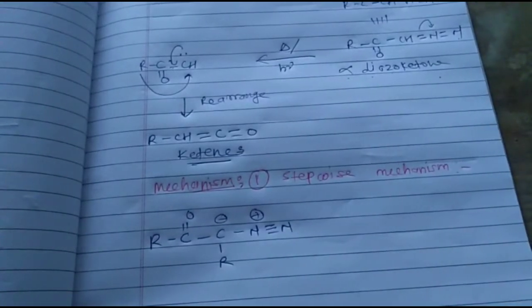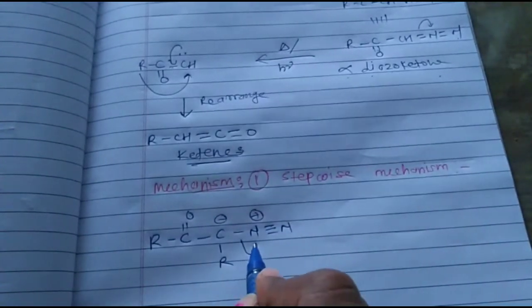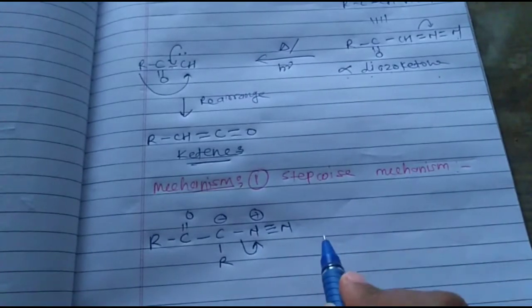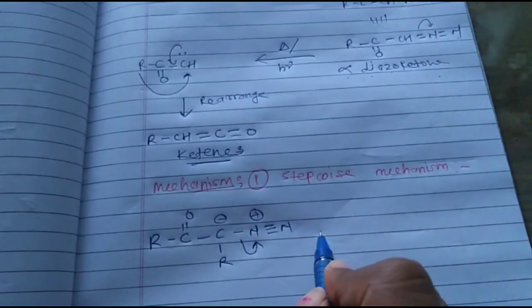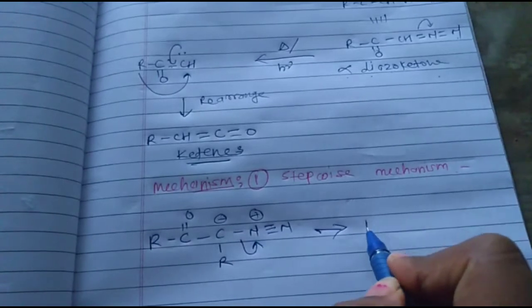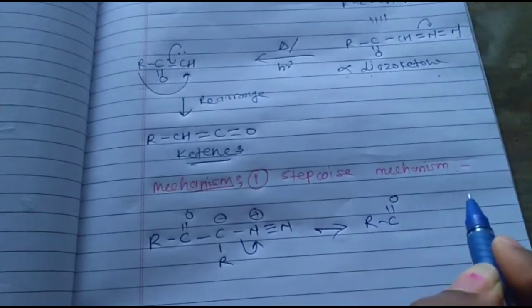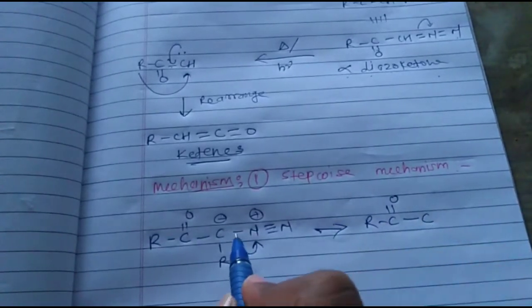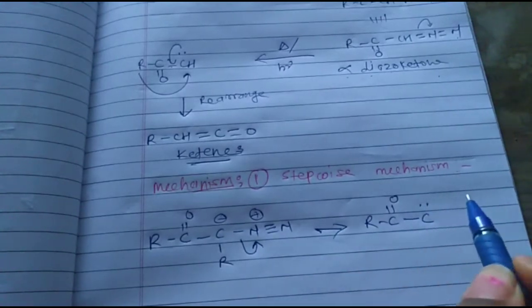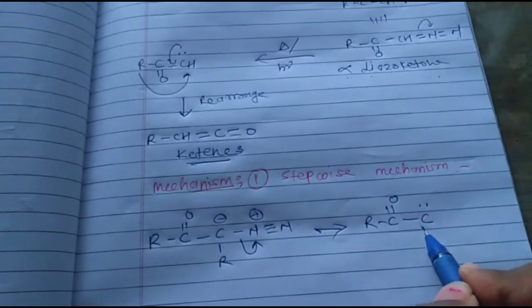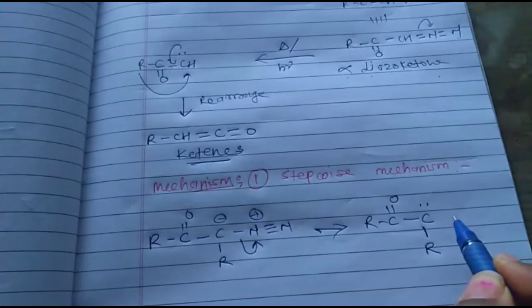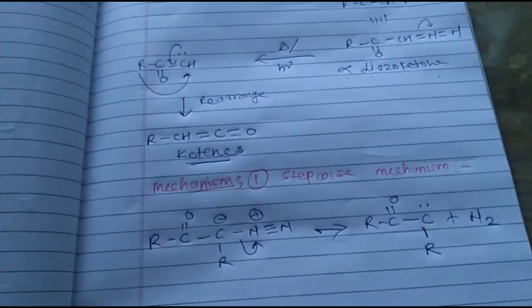In this mechanism, what happened here? First of all, there is a removal of dinitrogen. Then there is a formation of R, C double bond O, C, which becomes a carbene compound, plus N2.